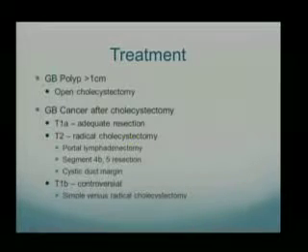My teaching has always been that for T1B, cholecystectomy is adequate. So again, I would leave it up to you guys. Either way would be correct. There's no wrong or right answer with this. But I'd feel comfortable saying simple cholecystectomy is adequate.